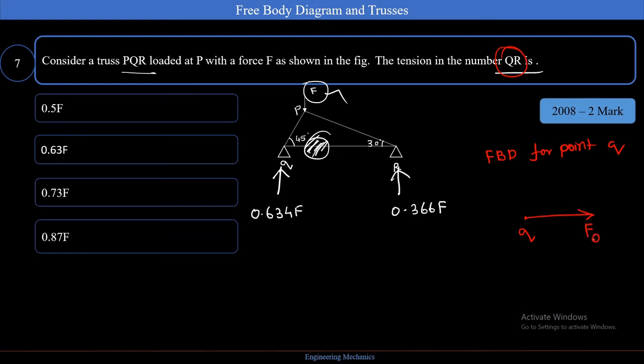So I can say this is my force from Q to R. It is positive, and this is my force, that is P to Q. So my arrow direction is like this. Here I have a reaction force Q, right?